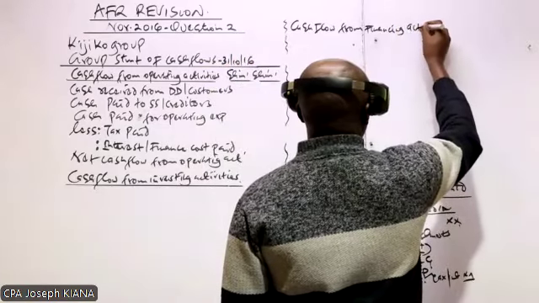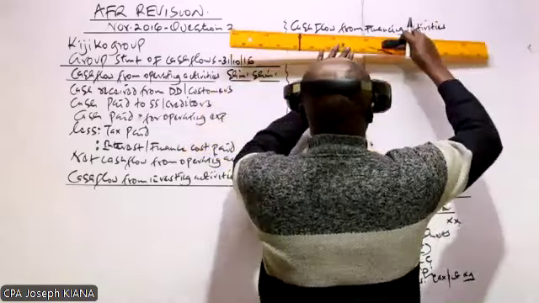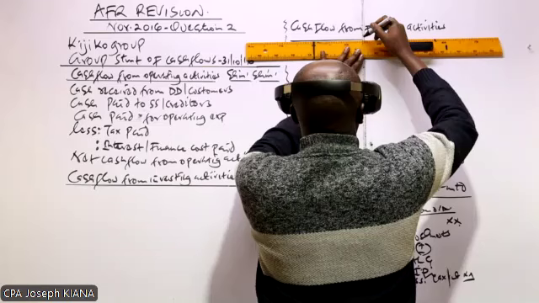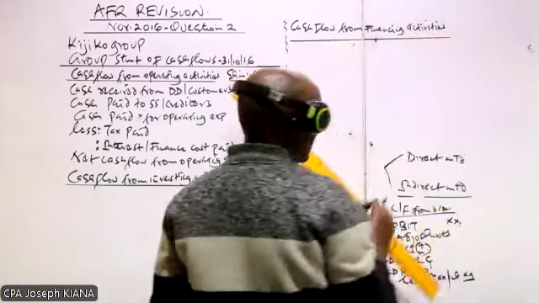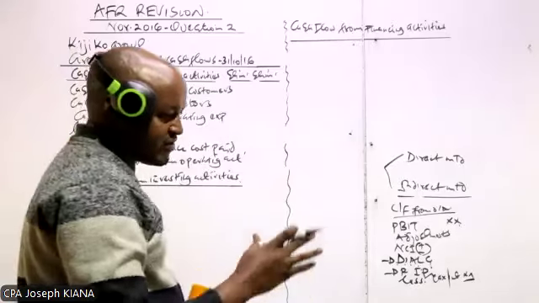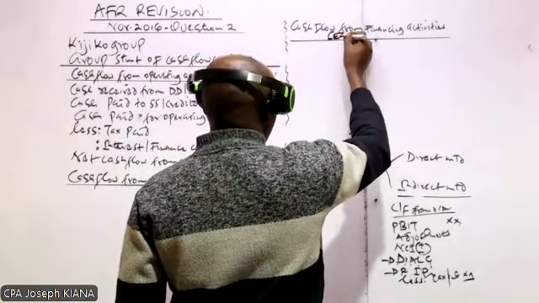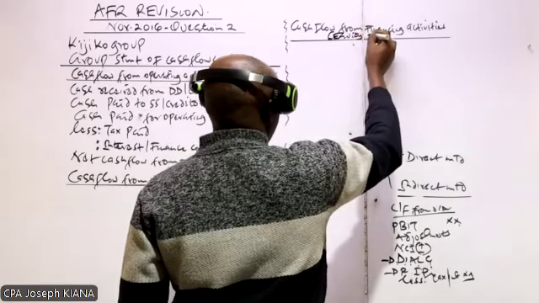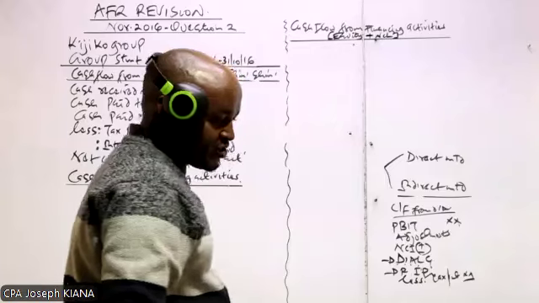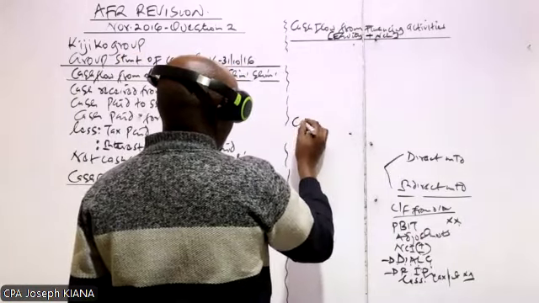And you also have to remember that all the items which we use in computing the net cash flows from financing activities, we get them from the equity section and the non-current liability section of the statement of financial position. So leave enough space there, not a big space.